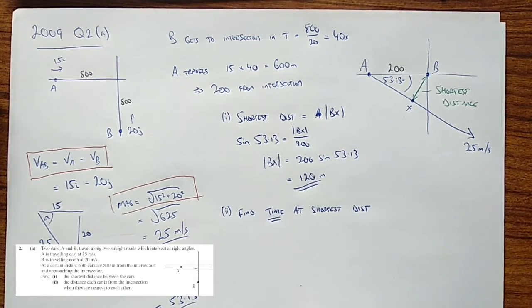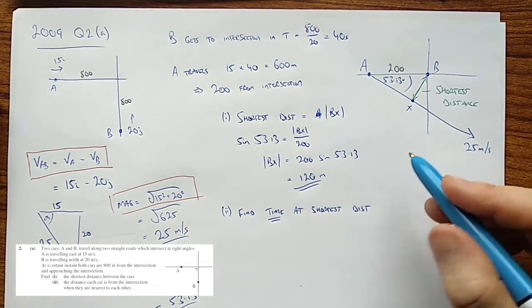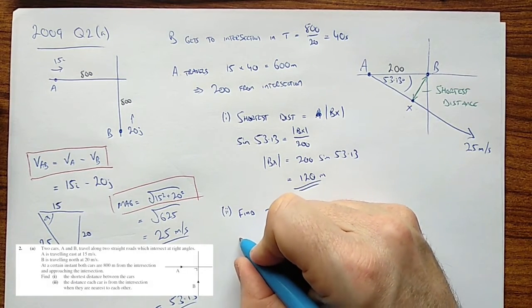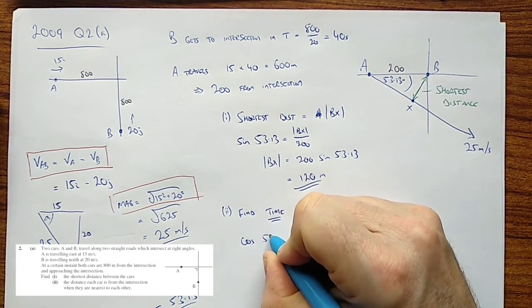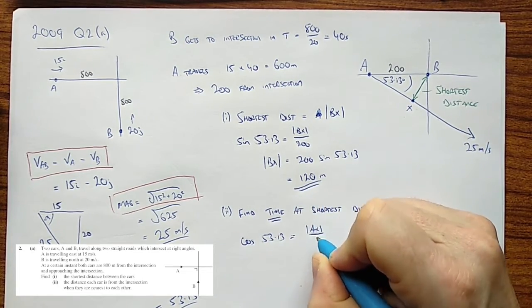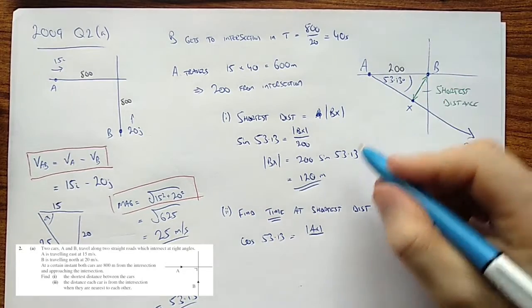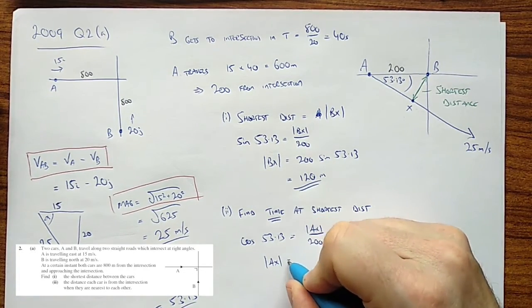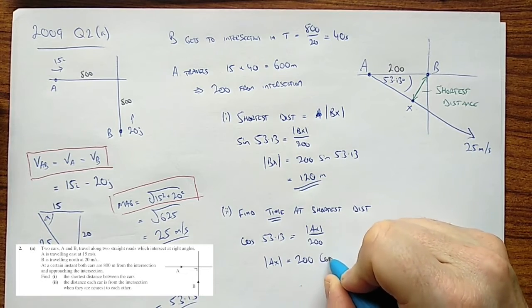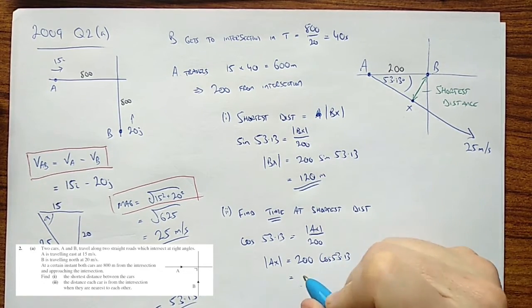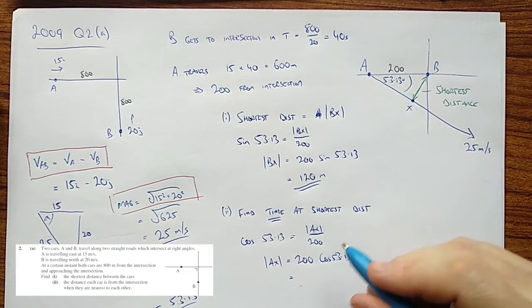That's the key to finding this whole thing. I'd love to know what AX is. The cos of 53.13 is AX, the adjacent, over the hypotenuse, over 200. So AX is 200 cos 53.13, and that comes out to 160 meters.